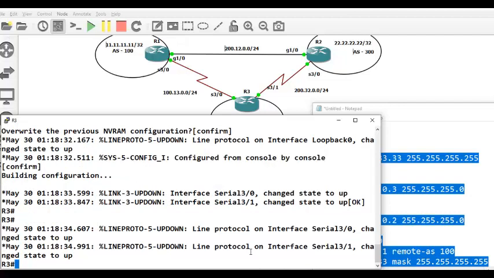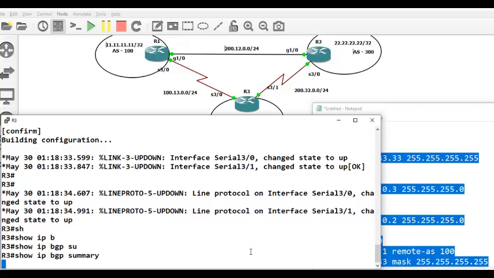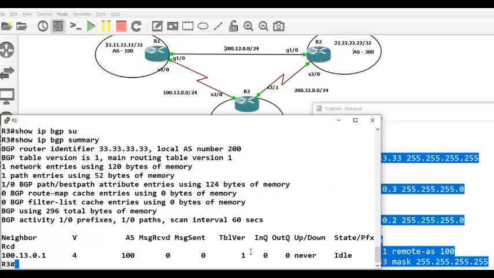I'm expecting two eBGP neighbors now. Show ip bgp summary. Ping 100.13.0.1.